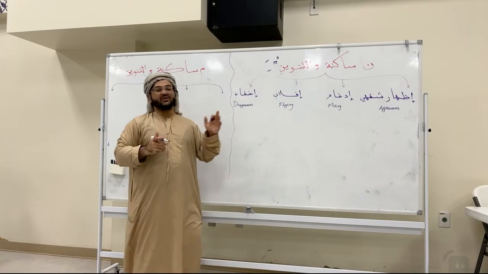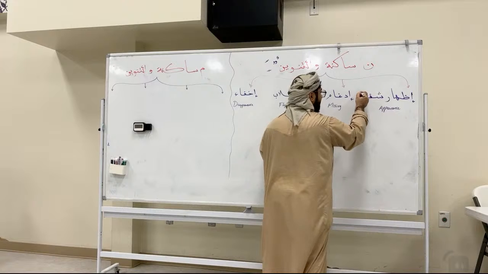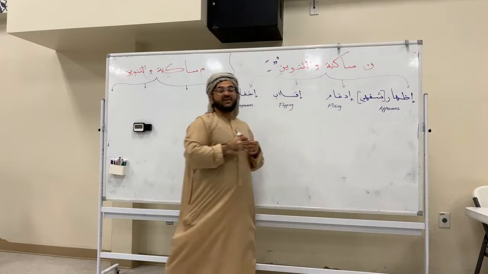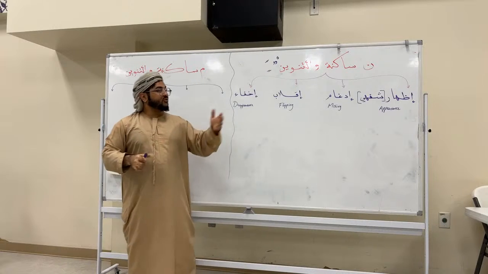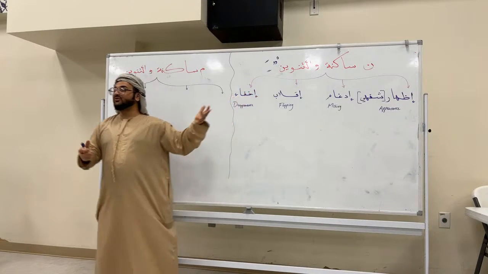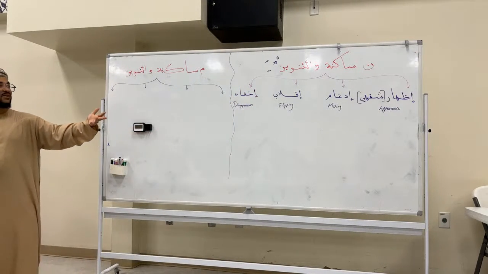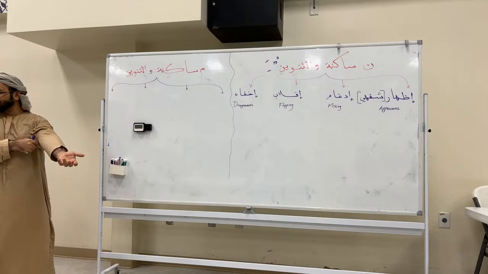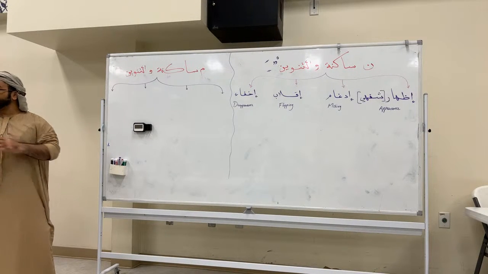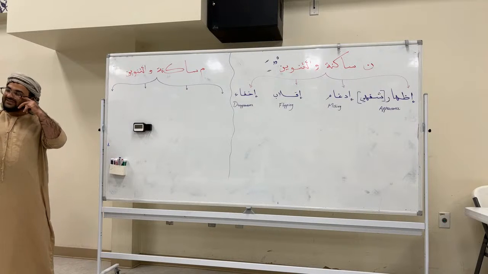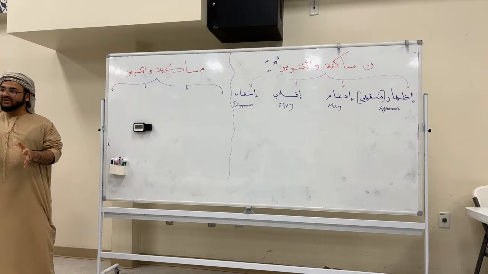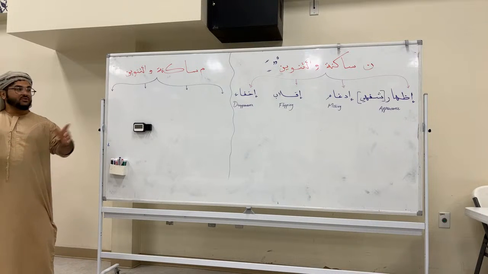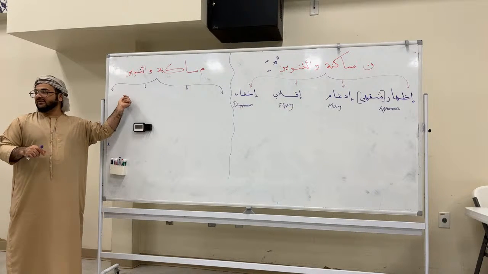You apply this to all of them. So you apply شفهي in the nun sakina and tanween to differentiate them from the mim sakina. Nobody really says it this way, but deep down that's what they call it. إظهار شفهي, إخفاء شفهي, because you will have here إخفاء شفوي.